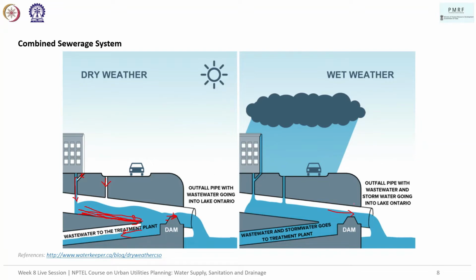However, you can see how during heavy rains, or in areas where they have snow, if there is heavy precipitation, there is always a possibility that sewage water also goes into river water and pollutes it. So that is a negative, which is why the combined sewerage system has its advantages and its disadvantages, right?